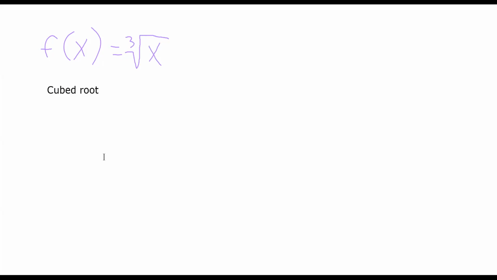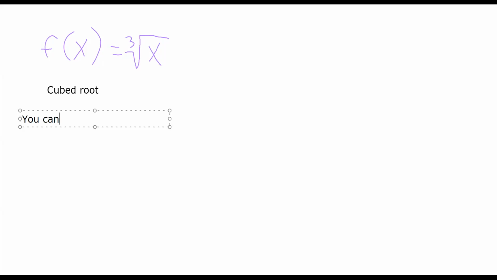Now, you remember in chapter 1, you can take the square root of a negative, but you got to involve i. And when we're talking about graphing, we don't want to bring complex numbers into it. Graphs, the x and y axes, are both just real number lines, so only real values. The cubed root, though, you can totally take the cubed root of a negative number.